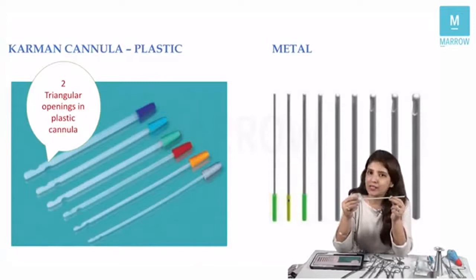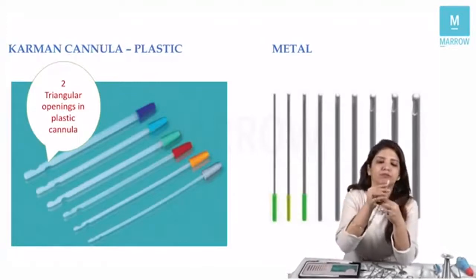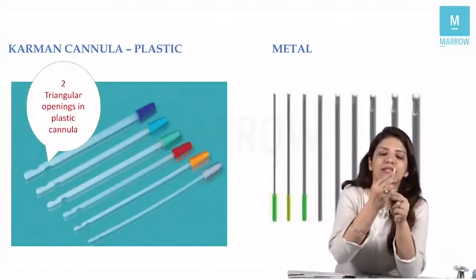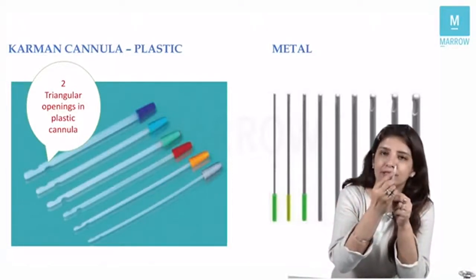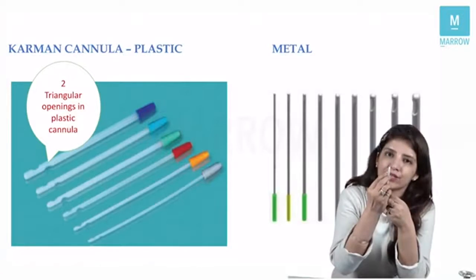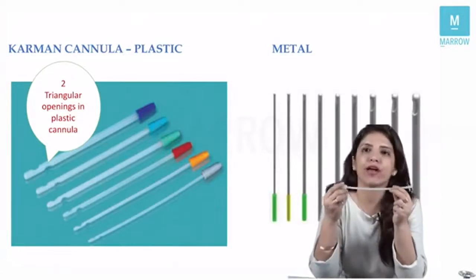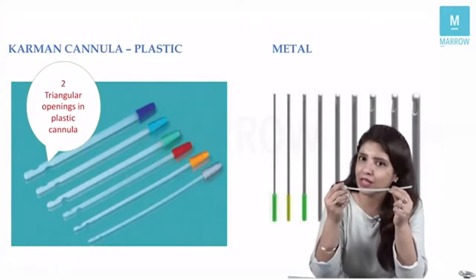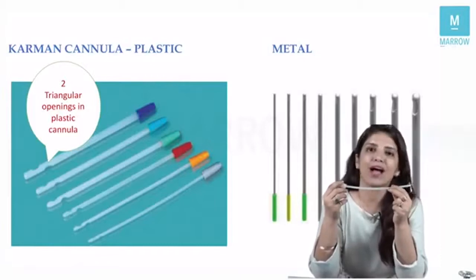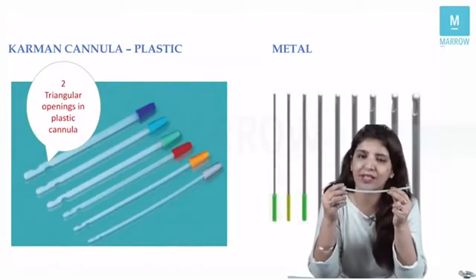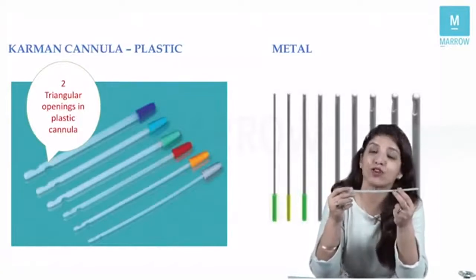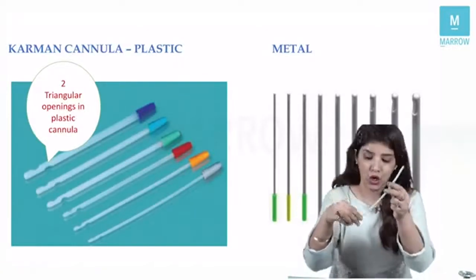Now, this Karman's cannula has two openings here, one here and the other on the other side, and that is how you identify a Karman cannula, which is a plastic cannula. Earlier, we also had metal Karman cannulas, but plastic cannulas are less traumatic. That is why they are used, and they are transparent as well, right?